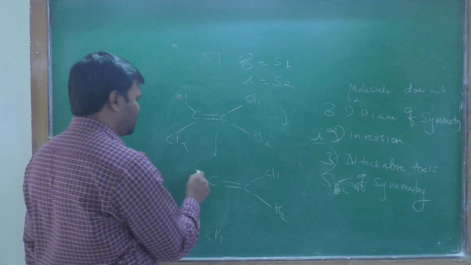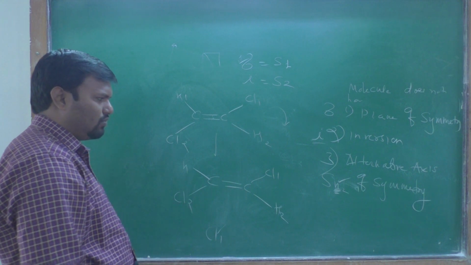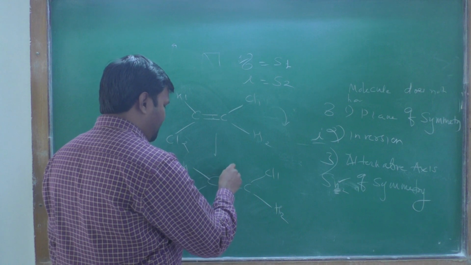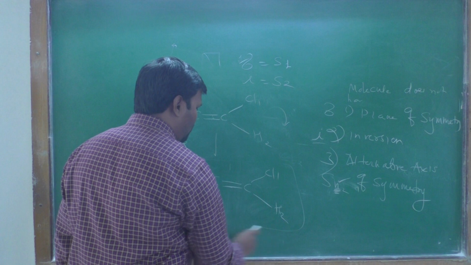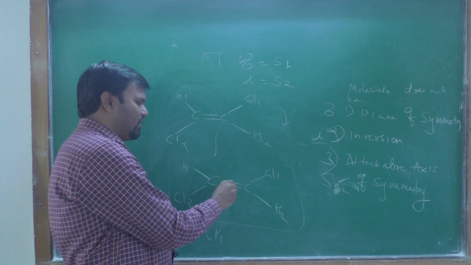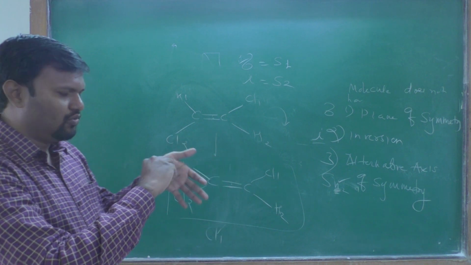After the 360 rotation, Cl1 is as it is; 360 rotation means you obtain the molecule as it is. And then you pass the plane like that, because an alternating axis of symmetry means you firstly rotate the molecule and pass the plane perpendicular to the axis about which the molecule is rotated.